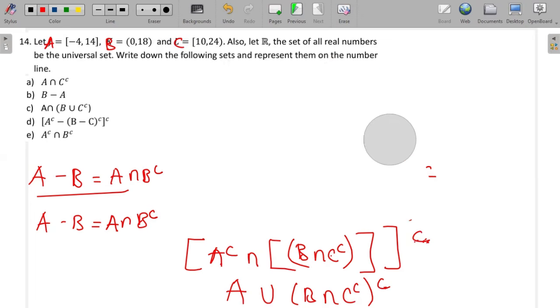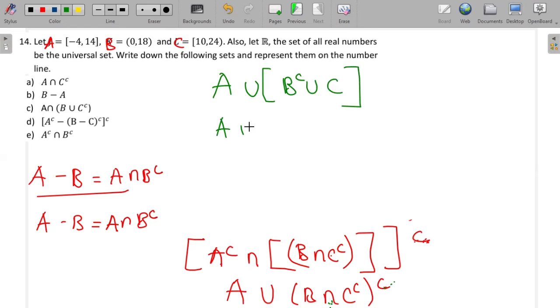You see that it's complicated, so we have to simplify it. So I have A union, and then now this guy can go inside there. When it goes to the B, what I have is the B complement. When it goes to the intersection, what I have is union. When it goes to the C complement, I just have C. So this is what I have here. It's like I'm finding A union B complement union C. So this is what we are finding.